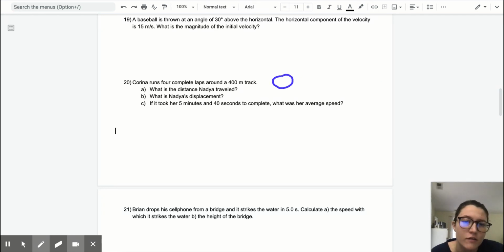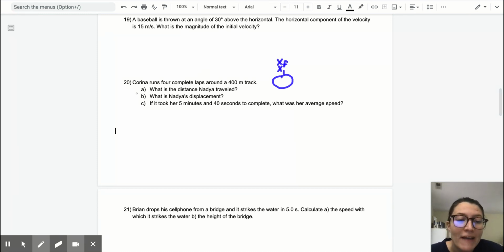Her initial position is going to be at the starting line, and she runs 4 complete laps. 1, 2, 3, 4 laps around the track. So that means that her final and her initial position are the same. She's going to start and stop at the start and finish line, which is the same line on the track.